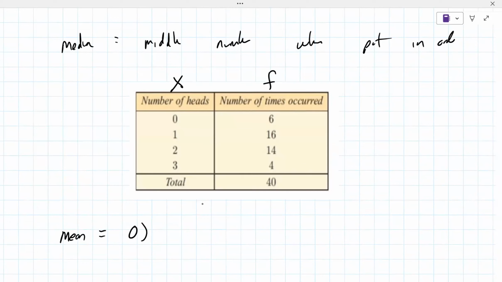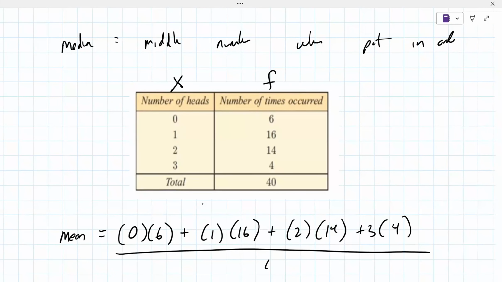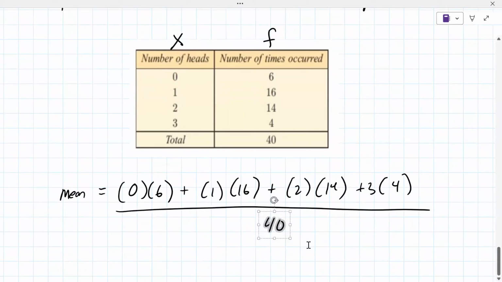So 0 times 6 plus 1 times 16 plus 2 times 14 plus 3 times 4. Then you divide by 40. And 40 is really 6 plus 16 plus 14 plus 4.